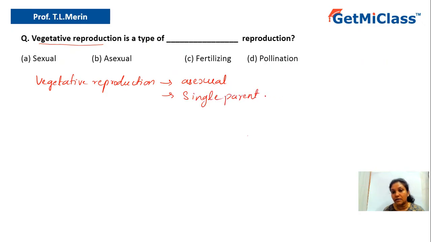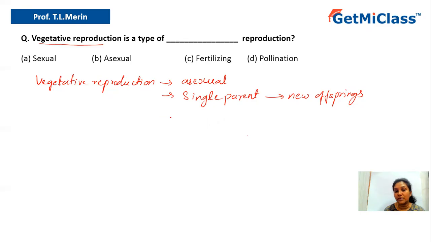This single parent will give rise to new offspring. And hence these offspring will be genetically identical to their parents as well as genetically identical among themselves. So that is what vegetative reproduction is.